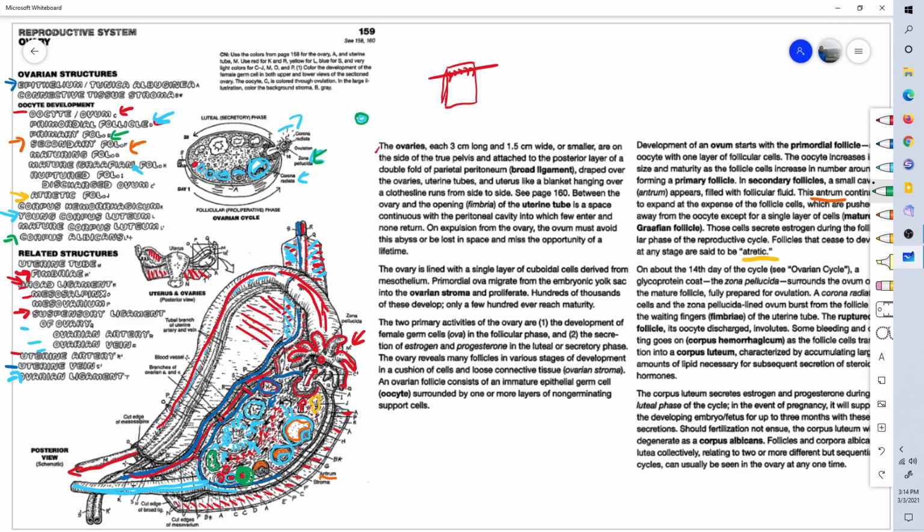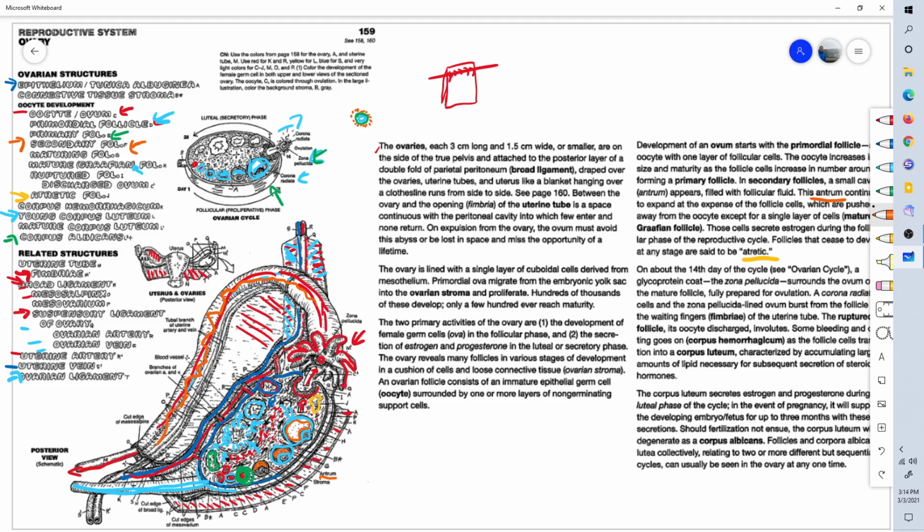Then in this final stage here, it also gains an area to the outside of the zona pellucida called the corona radiata. Now, the first area, the zona pellucida, is for protection, because it's going to be traveling down this canal, and it needs to be protected.